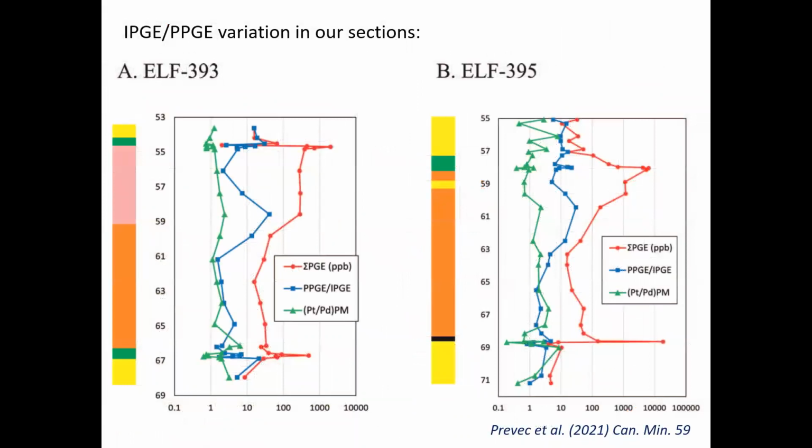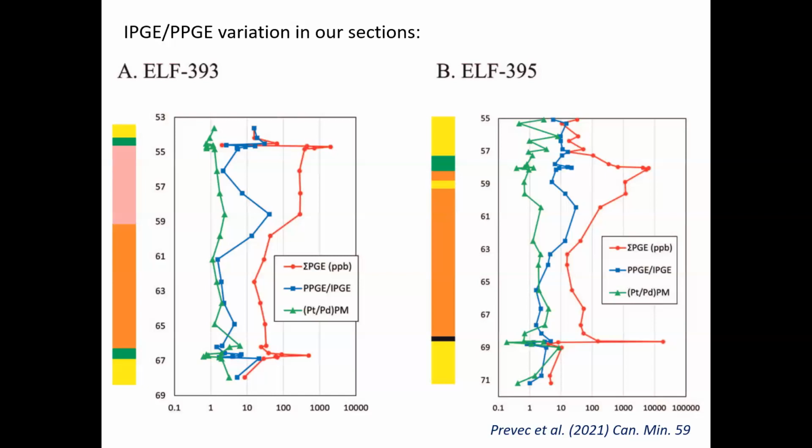But these are all from the actual mining areas. So what we found were these sorts of variations. We're seeing total PGE again in red, and then the PPGE to IPGE ratio in blue, and then zeroing in on platinum palladium within the PPGE in green.